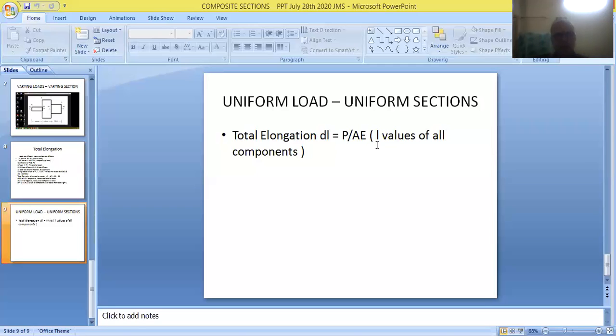I request all of you to once again go through these topics so that you will be in a position to frame the equations for the concerned topics.